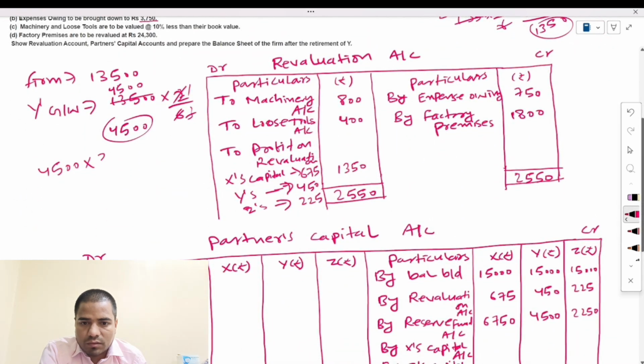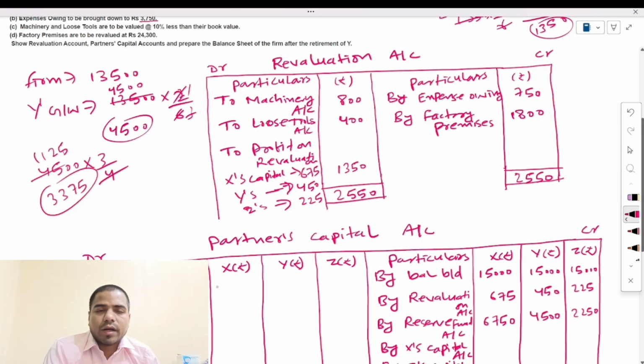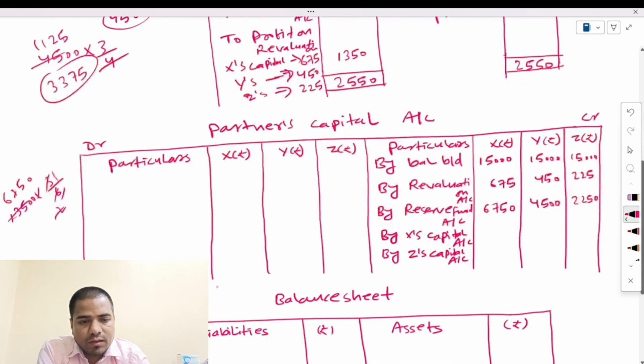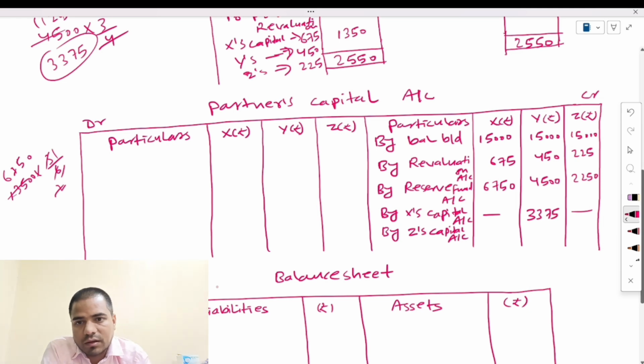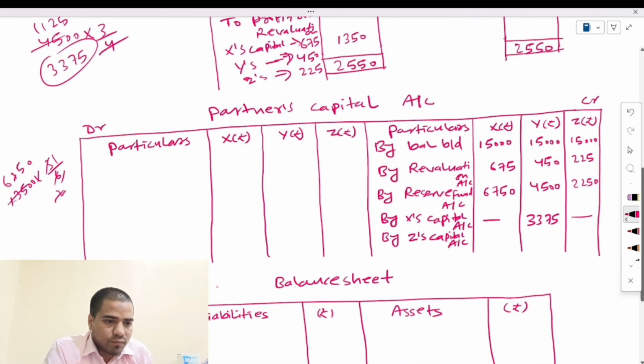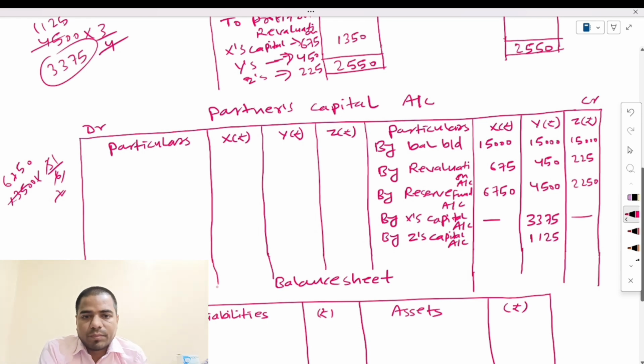It means 3/4 is 3,375 for X. So Y will get here 3,375 from X, and from Z 1,125. We will write here 1,125, and this amount of goodwill will be debited from X and Z to Y's capital account, from X 3,375, and from Z 1,125.